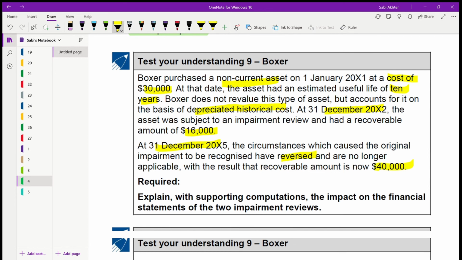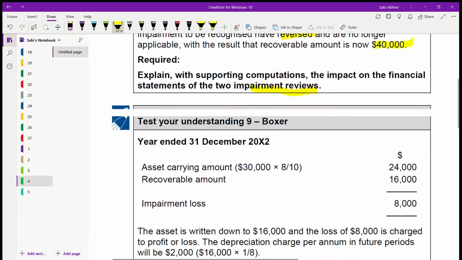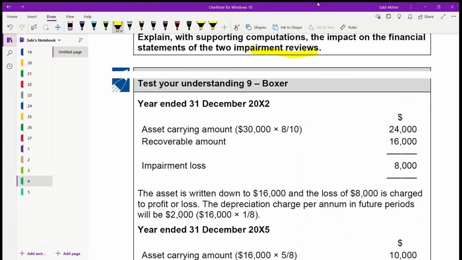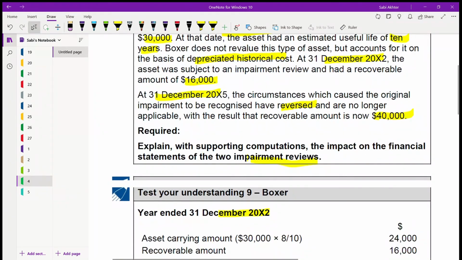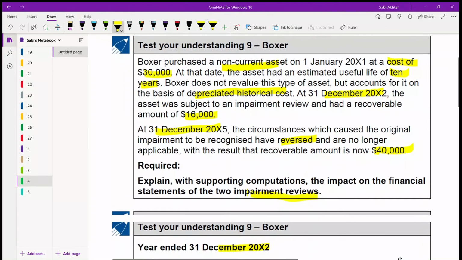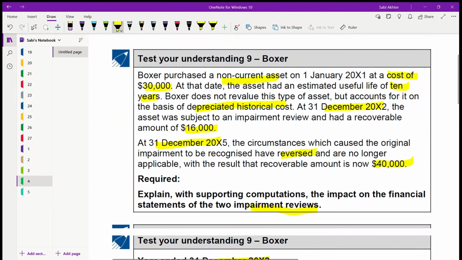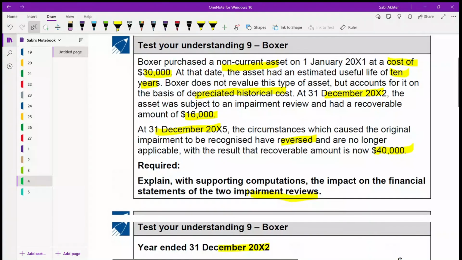So now how do you do this? The impact on the statements of the two impairment reviews. Now you need to reverse. Okay. So for 31st December 2002, we recognize an impairment loss. The asset's carrying amount is 30,000 into 8 over 10, because after depreciation, it was held for 10 years and it started on 1st of January 2001.